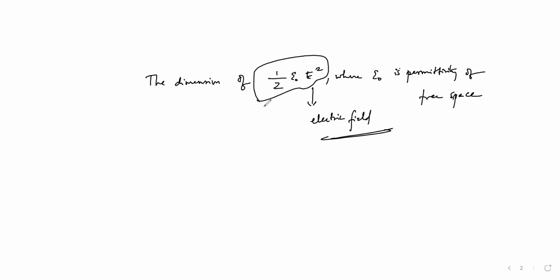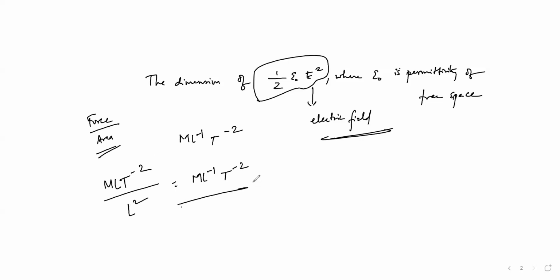ML^-1 T^-2. Force per unit area, right? Force is MLT^-2. Sorry, area is L square. So you will get ML^-1 T^-2. That is nothing but your energy density. Right? Yes, yes.